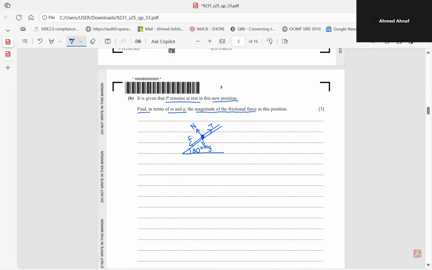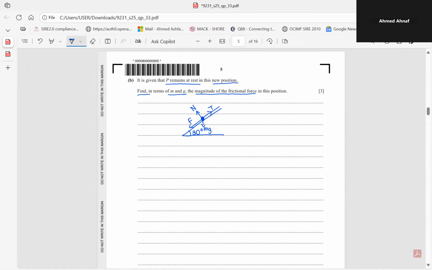So don't worry about that at first. All right, so let's label the vertical forces. So the vertical force, we have N, as well as the vertical component of the weight, which is here. The angle here is 30 degrees, so that's just mg cos 30.